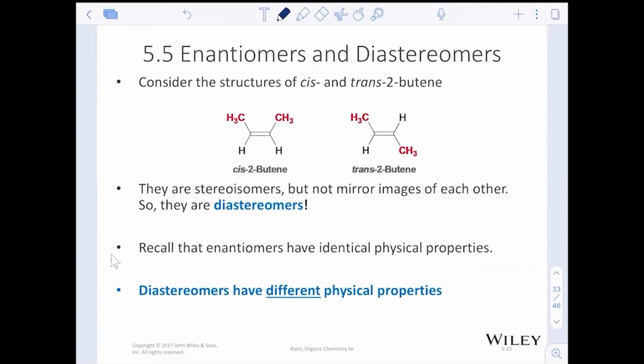Those stereoisomers are specifically diastereomers. They're not mirror images. There's no way you could rotate them or find out that they're mirror images. They are non-superimposable though. Their connectivity is the same, but their orientation of those connections is different. Diastereomers have different physical properties. Cis-butene is more reactive than trans-butene. Trans-butene is more stable because those big groups are on opposite sides of each other.